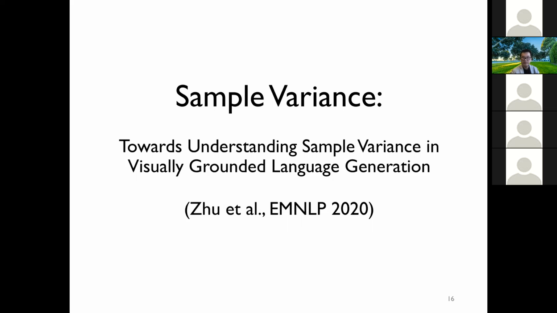So what does sample variance mean? Well, in this case, you can imagine that if we get some human annotators to write the references for a summary, let's say for a soccer game, some people may actually look at the score. Some people may look at the games, the teams, and some people may look at the red card or yellow card, and some people may look at, in general, the ranking of the two teams in the league.